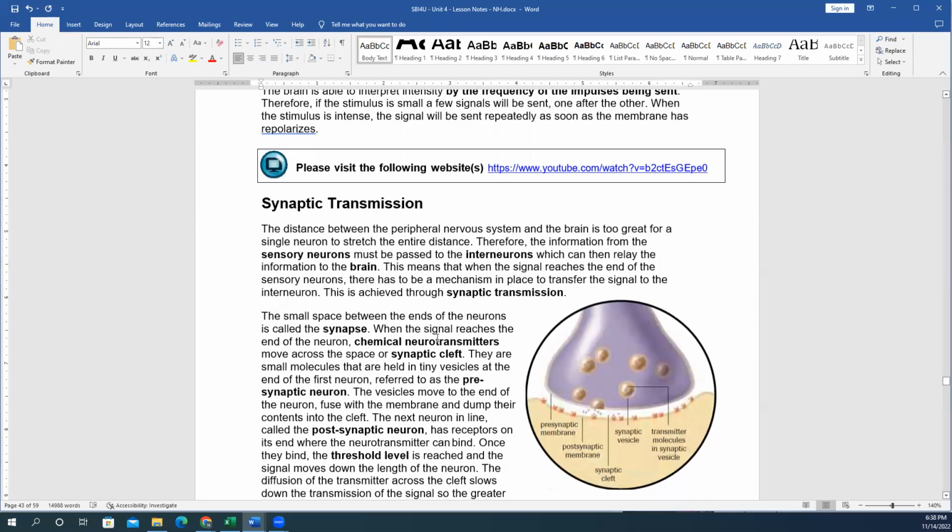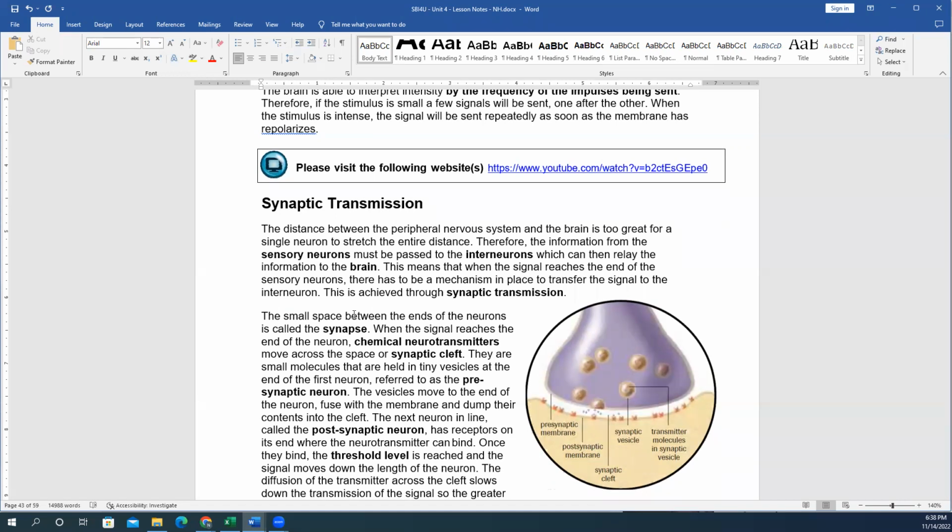There's also electrochemical transmission, or synaptic transmission. If you look at the distance between our peripheral nervous system and the brain, for example between the tip of your finger, or your feet, and your brain, this distance is really too great for a single neuron to stretch.